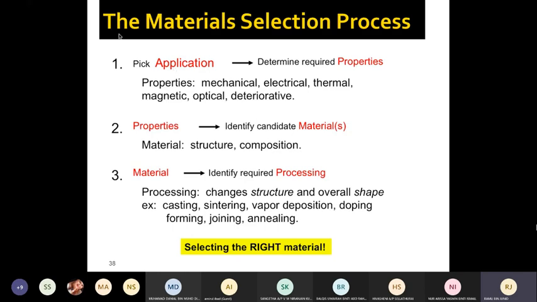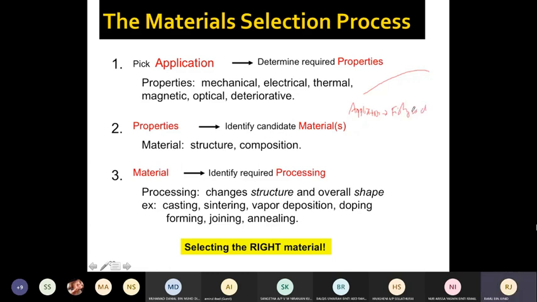So once you know the application, you can determine the required properties. For example, you want to make a fishing rod. Fishing rod in Malay is batang pancing. So the application is the fishing rod.